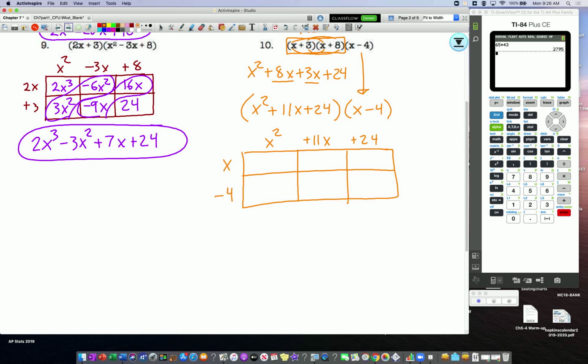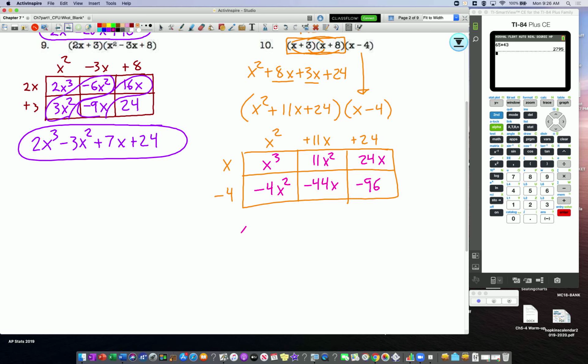All right, so let's do the multiplication. X times x squared, x to the third, x times 11x, 11x squared. X times 24, 24x. X squared times negative 4, minus 4x squared. Negative 4 times 11x, minus 44x. Negative 4 times 24, minus 96.